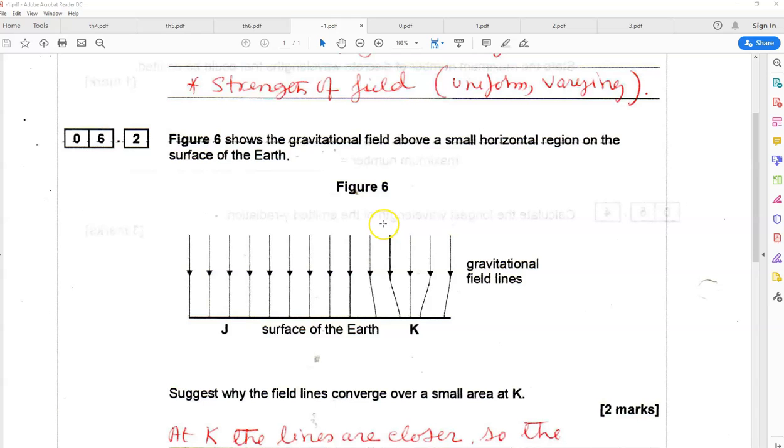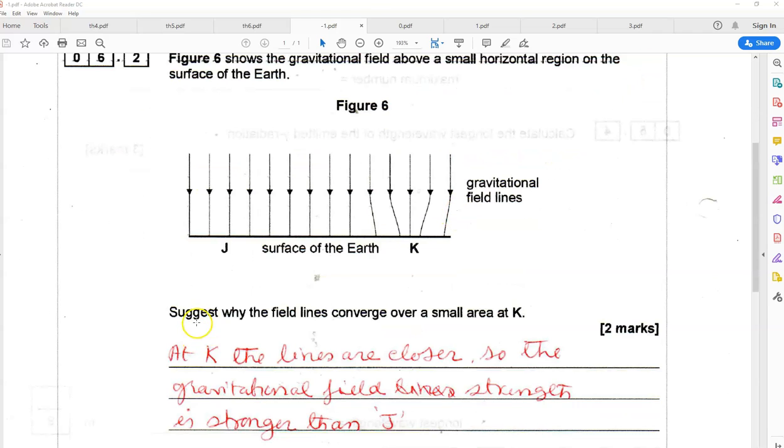The second question is, Figure 6 shows the gravitational field above a small region on the surface of the Earth. Suggest why the field lines converge over a smaller area at K. We know that when the field lines are closer by, the field strength is more. And here, if you look at this image, the field lines have got equal spacing.